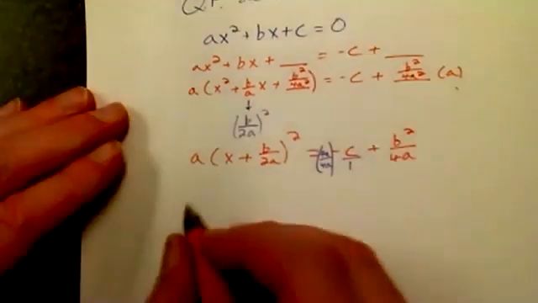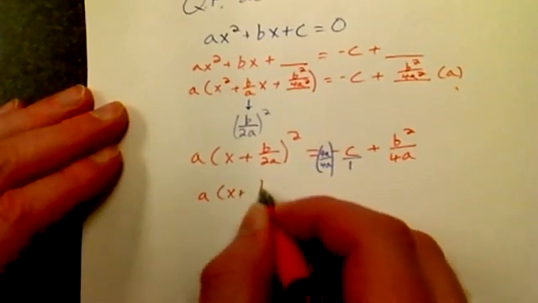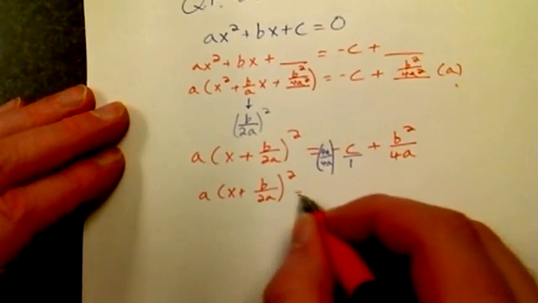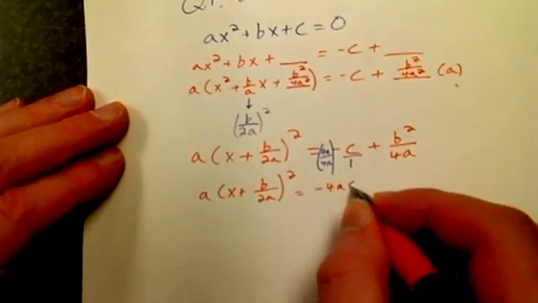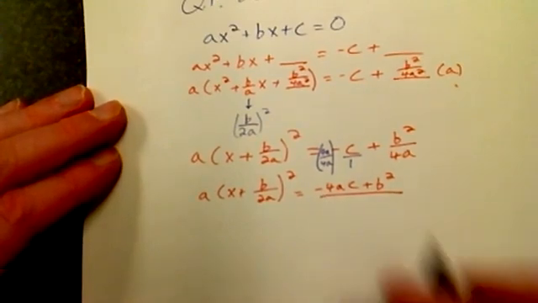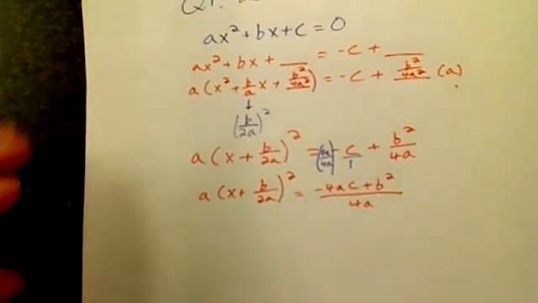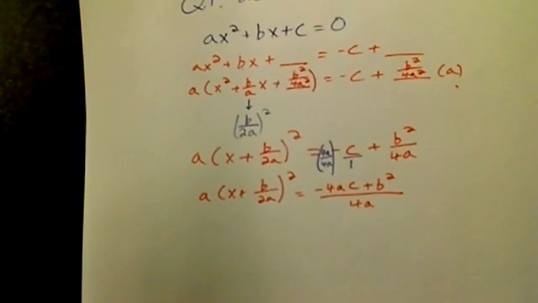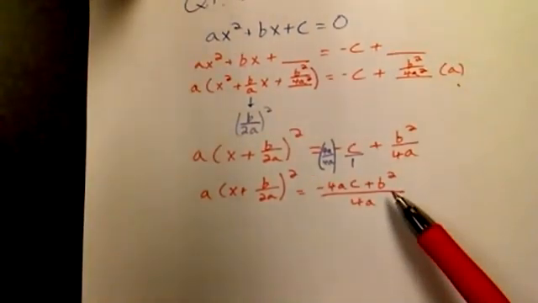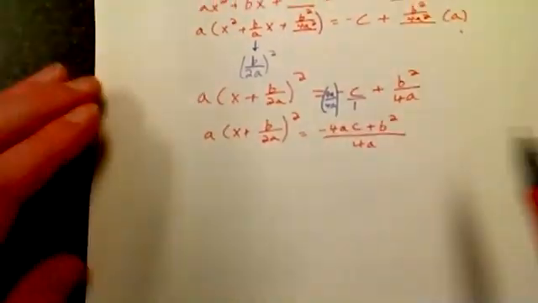That brings me to the next step. I have a times x plus b over 2a, quantity squared, equal to negative 4ac plus b squared over 4a, because I can combine these into a single fraction now. I'm going to switch the order because it's easier if we write it as b squared minus 4ac.